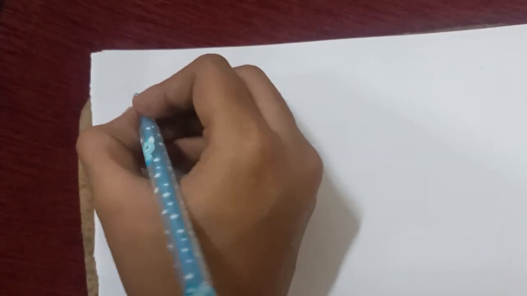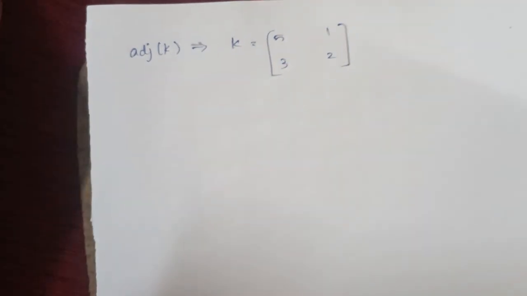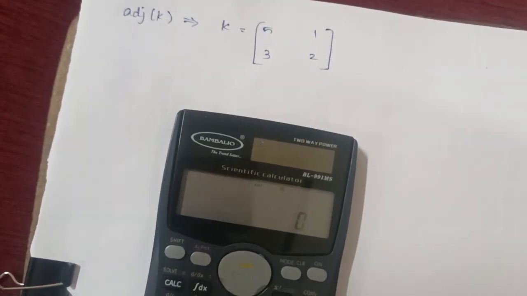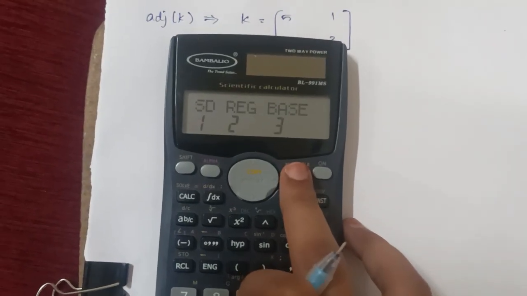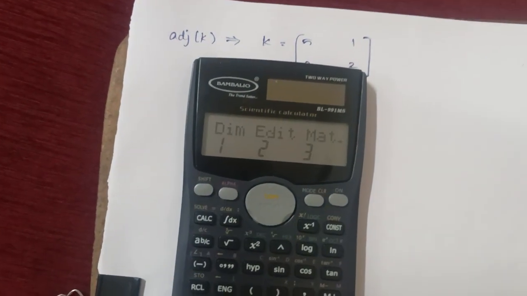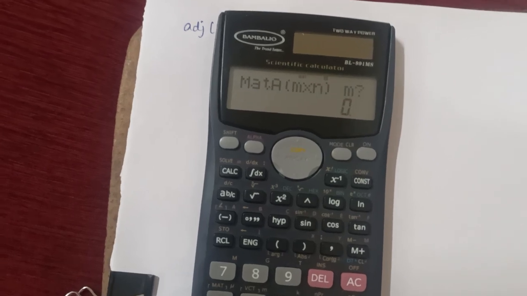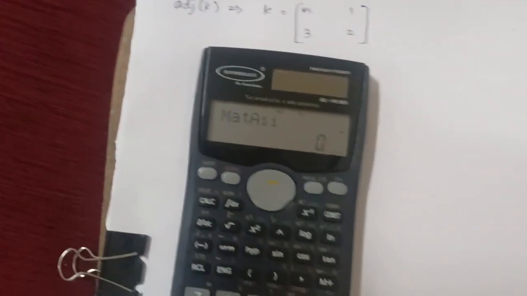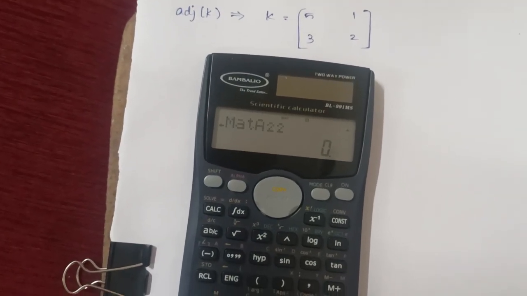Now let us find the adjoint of K. I'll give you a simple trick using the calculator to find the adjoint value. So first, go to mode, go to matrix, shift 4 and go to dimension, matrix A, this 2 cross 2 and feed in the values as 5, 1, 3, 2.